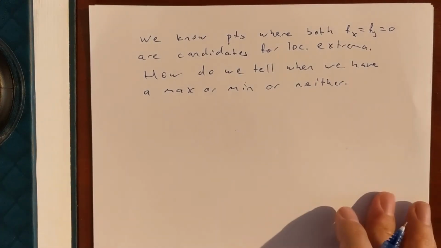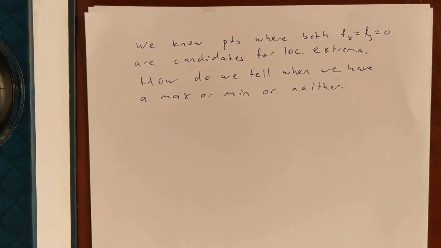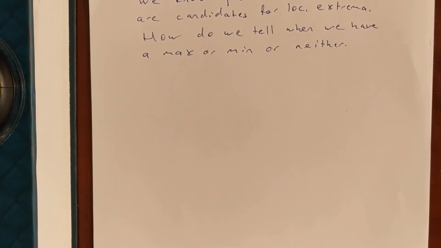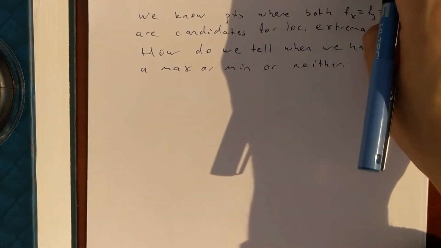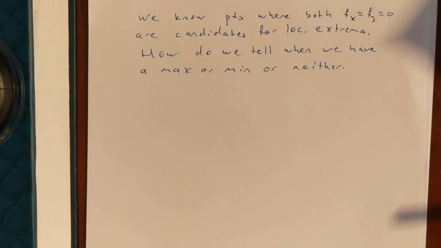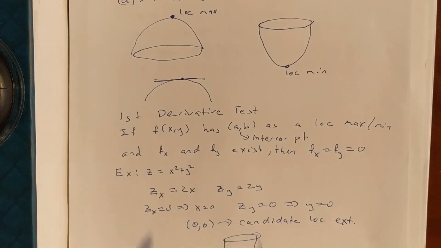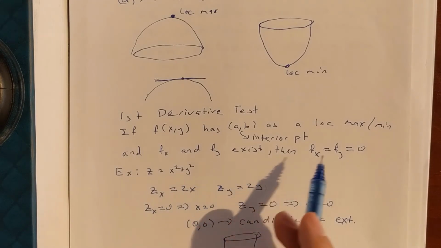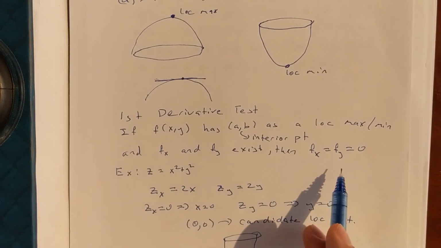All right, so let's talk about our candidate points. Where could be the points where you have a local maximum? Well, the theorem we just said is not an if and only if. It said if the first derivatives exist at the local maximum or minimum, at the local extrema, they have to be 0.